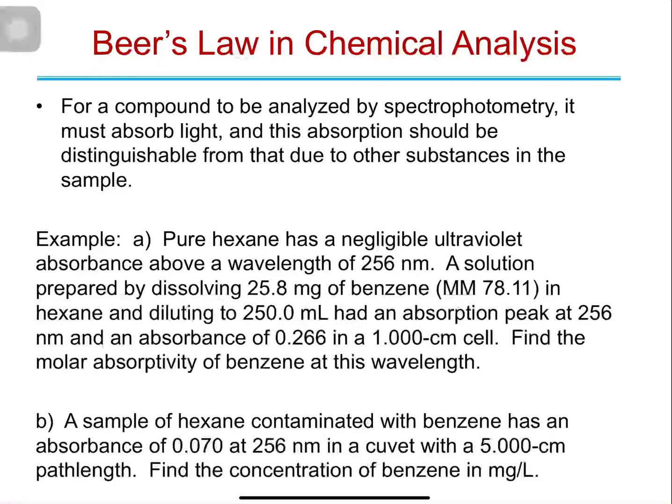We have been using Beer's law in the lab, and we know that it has wide application in chemical analysis. For a compound to be analyzed by Beer's law using the spectrophotometer, it must absorb light.